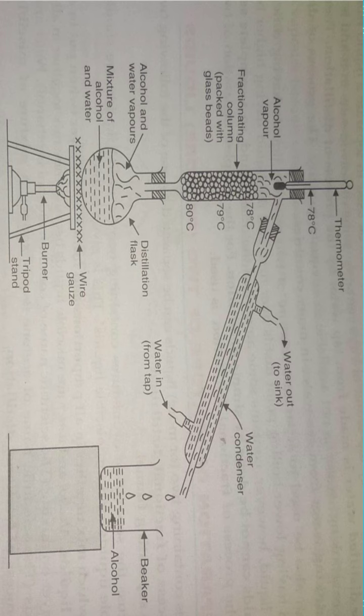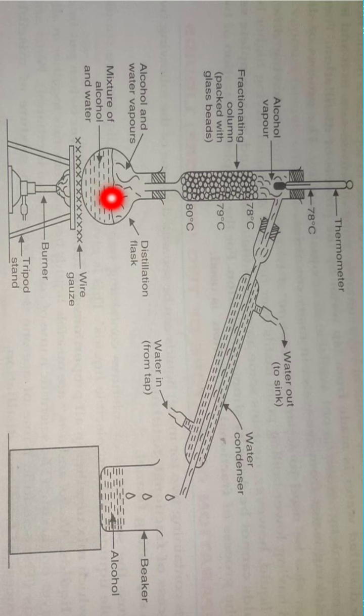You can see this is a fractionating column. Here in this round bottom flask we have kept a mixture of alcohol and water. Both alcohol and water are miscible liquids. When we start heating this alcohol and water mixture, what happens? The alcohol, which has a lower boiling point than water, vaporizes first.